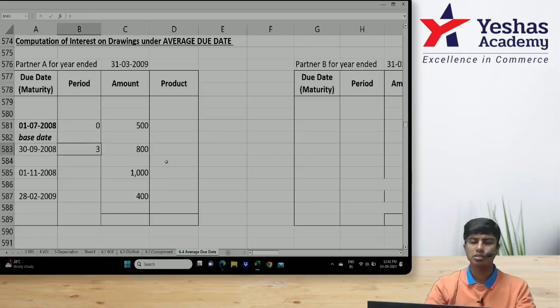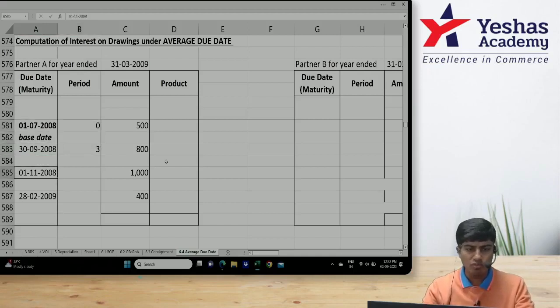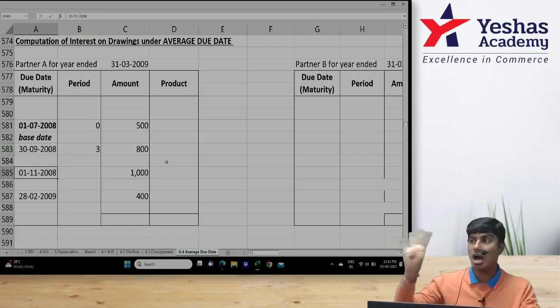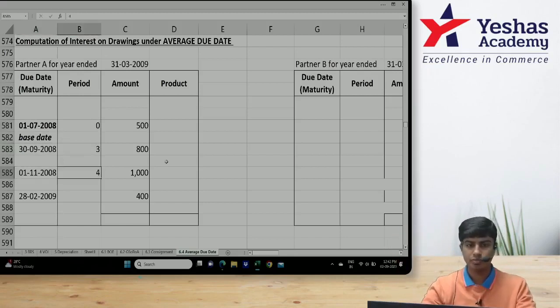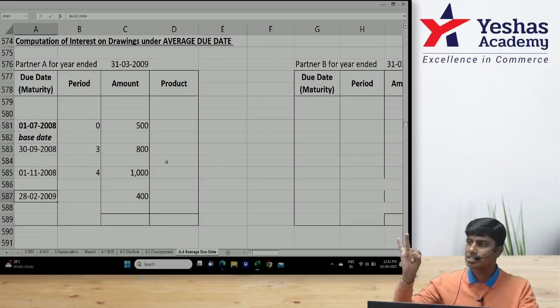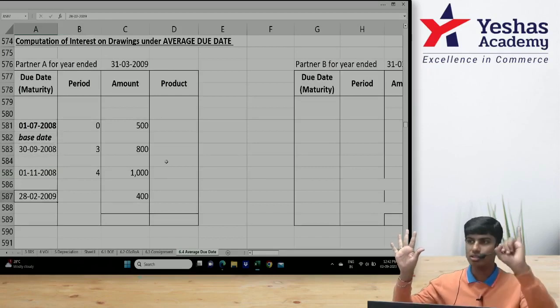How many months? 3 months. 1st of July to 1st of November: July, August, September, October. How many months? Then 1st of July to 28th February: July, August, September. How many months?